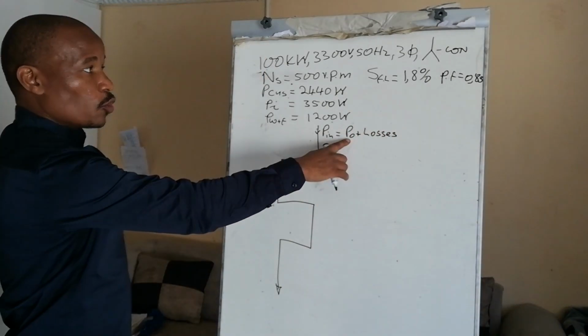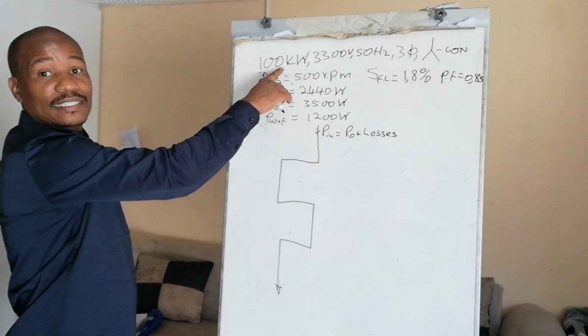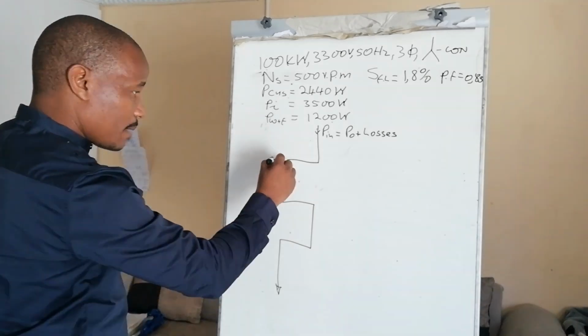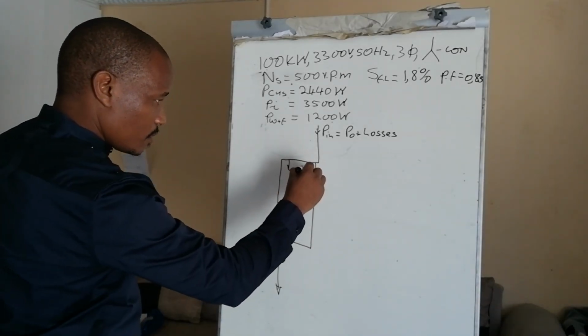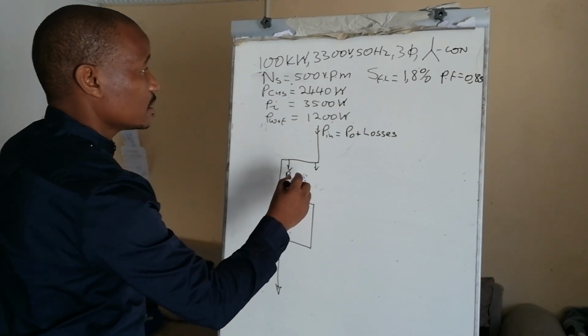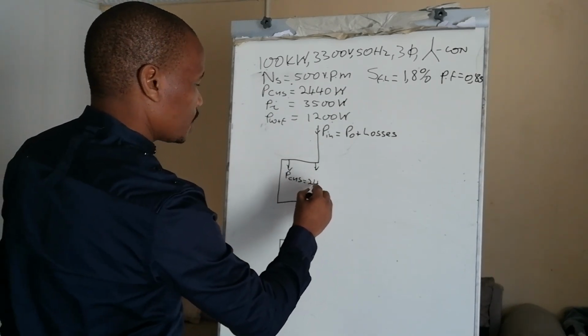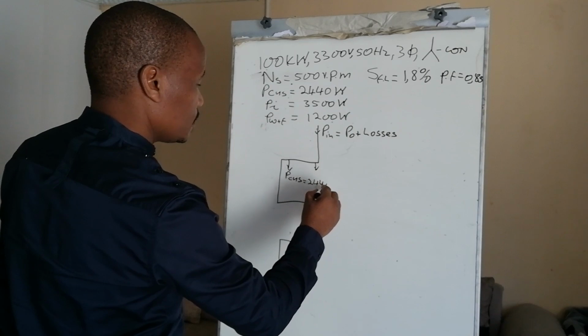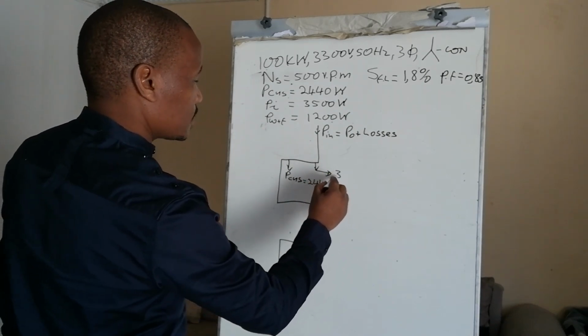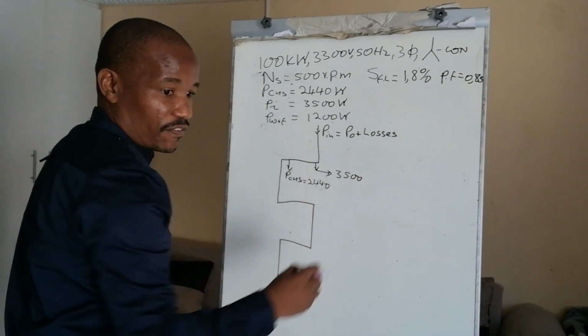You already have the output given as 100 kilowatts. You are yet to find losses. Let's come here. You are given the stator copper losses as 2440, and then the iron losses as 3500.